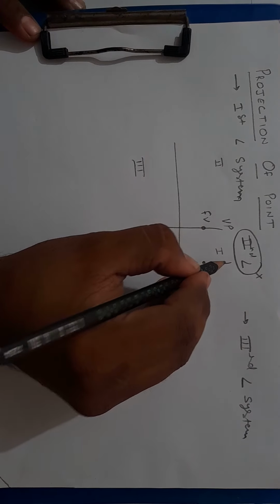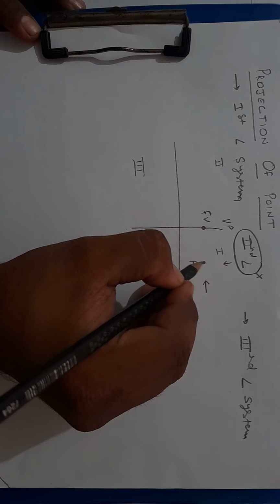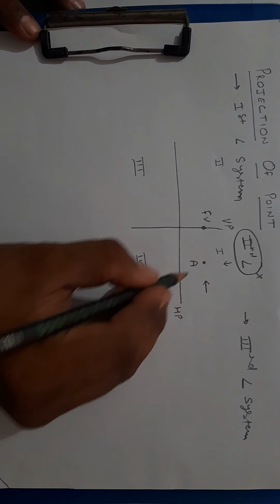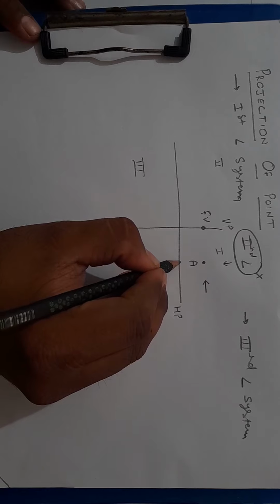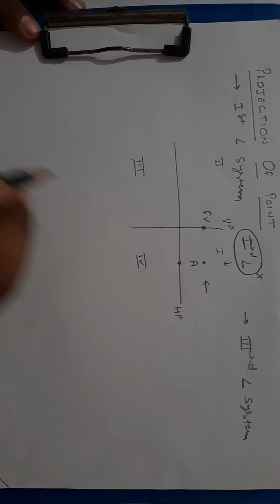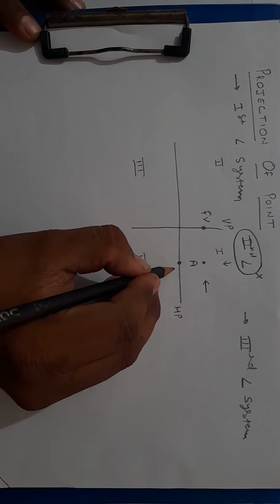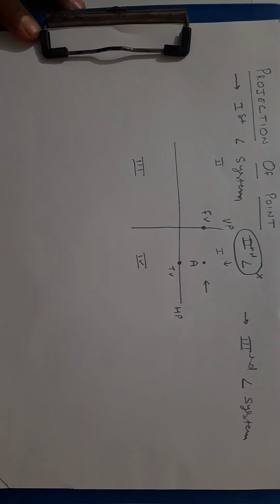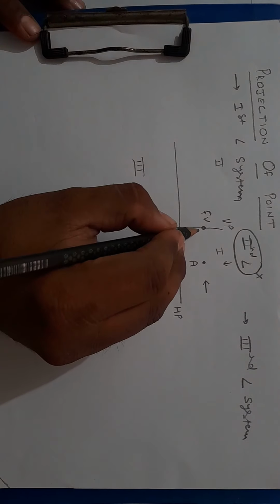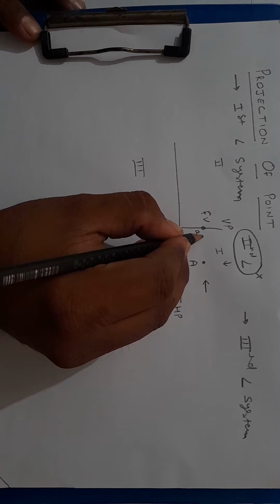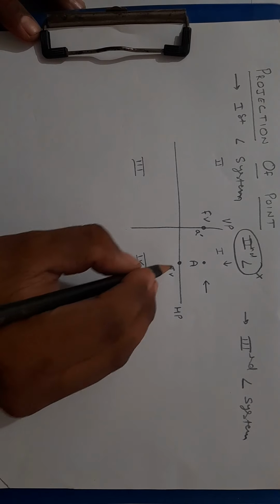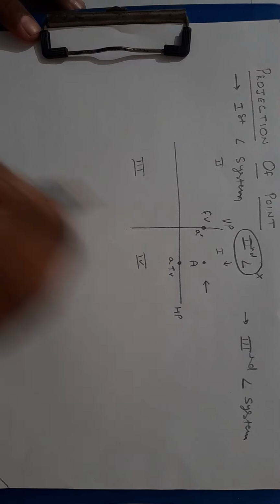When we view this point from the top, the image will be on the horizontal plane. This is known as the top view. The front view is denoted by A dash, and the top view is denoted by A.